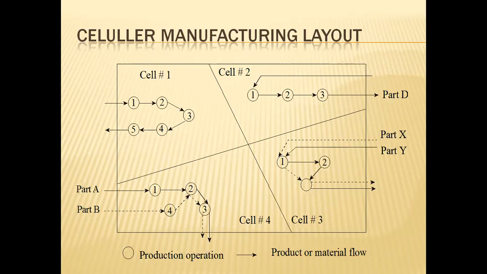But in cells number 3 and 4, parts take different routes through the cells because of differences between the designs of the two parts.